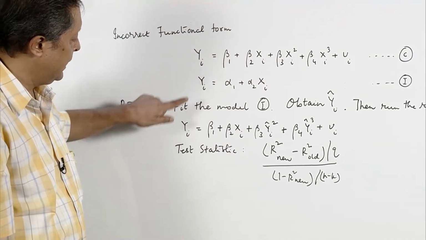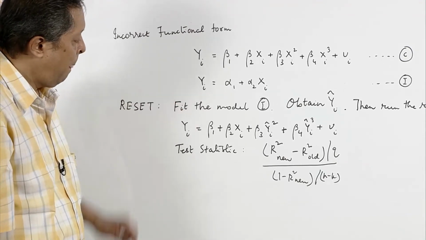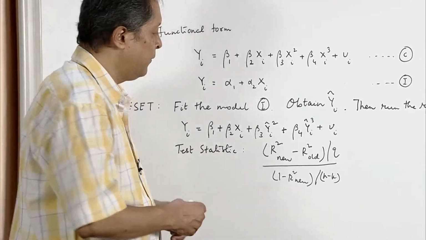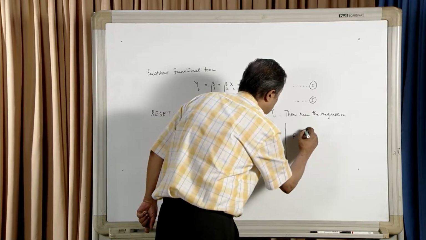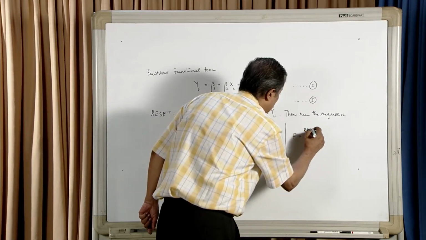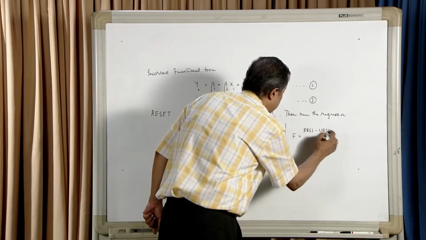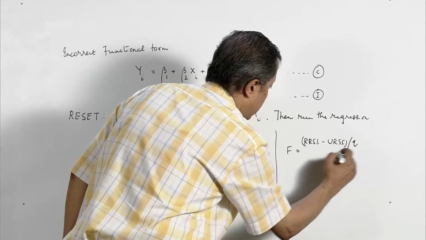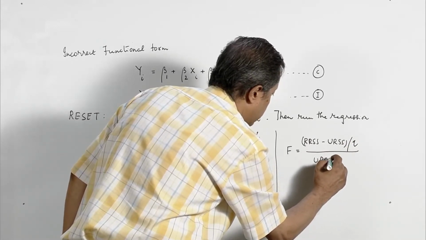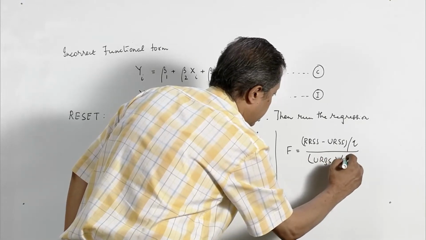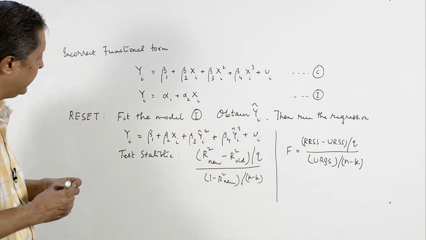So, this is the old one and this is the new one. This actually comes from our familiar concept of F is equal to restricted residual sum of squares minus unrestricted residual sum of squares divided by number of restrictions, all upon unrestricted residual sum of squares divided by n minus k. So, it is very easy to understand.